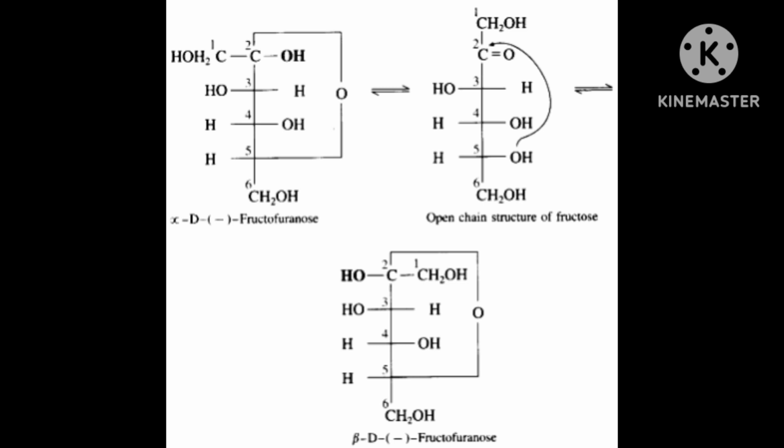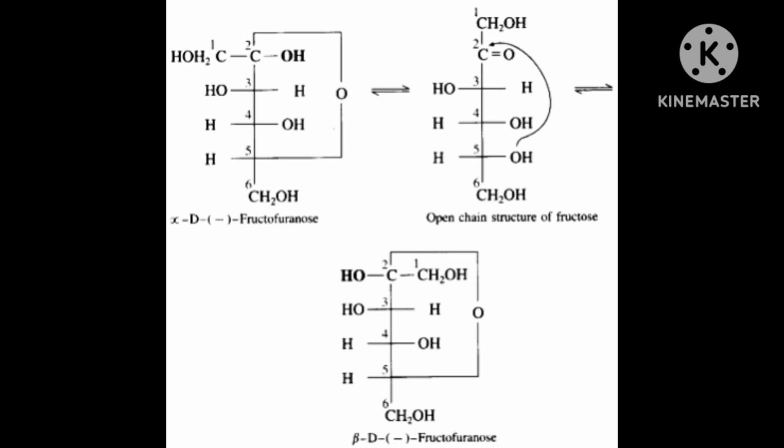Now I am telling more about their structure. On the basis of its reaction, it was found to contain a ketonic functional group at carbon number 2 and 6 carbons in a straight chain, as in the case of glucose. Here also, same way, a straight chain.